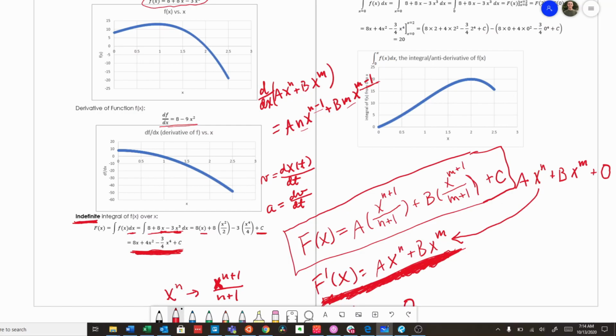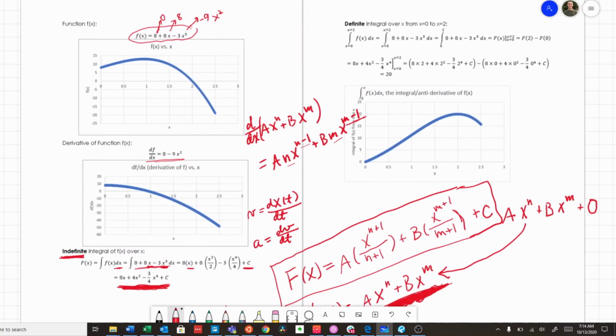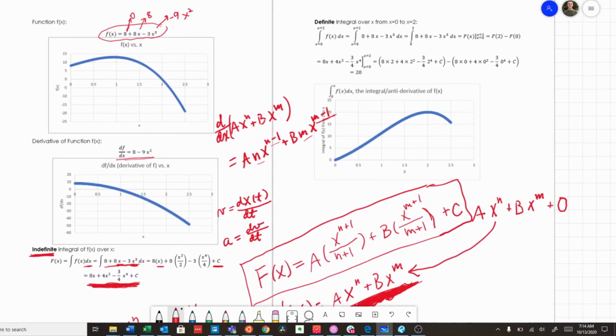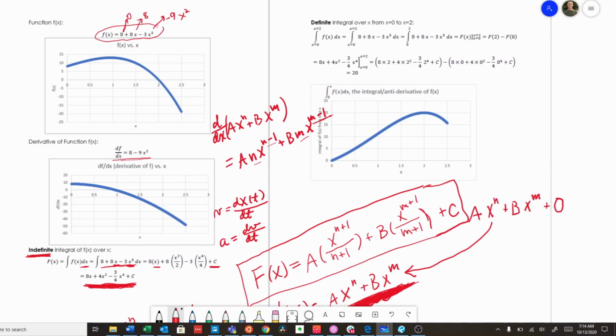Now let's take a look at definite integrals. So a definite integral is when you're interested in precisely the area between two specific points.